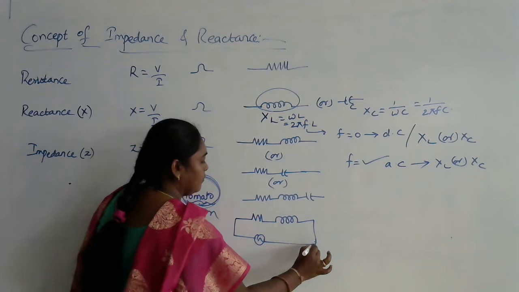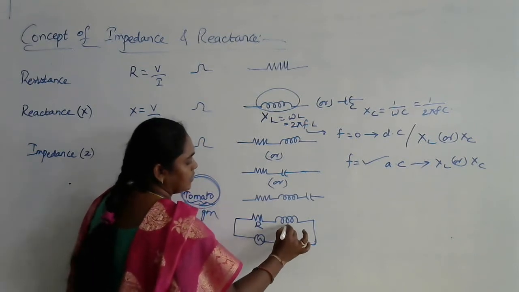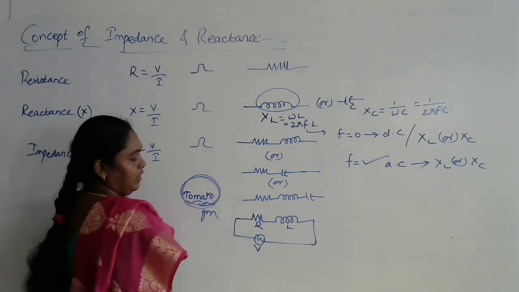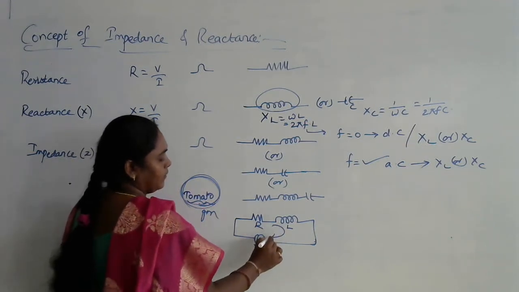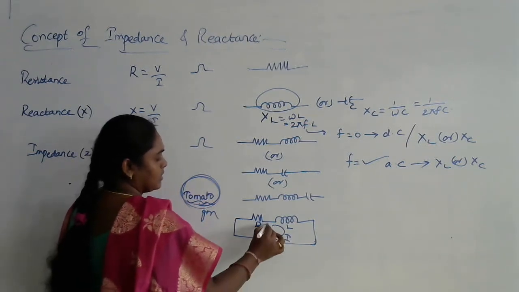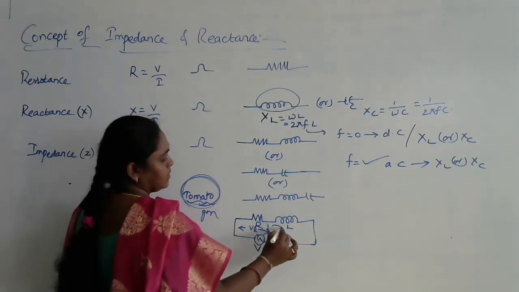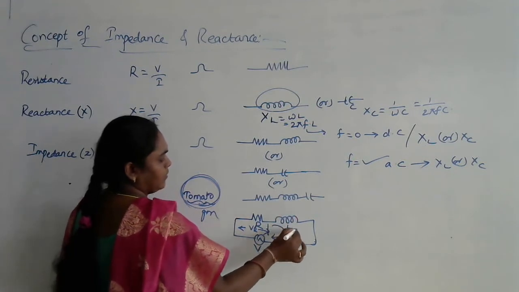In the case of an impedance, take the example of a resistor followed by an inductor. Here this is VR and this is an inductance L. If I apply a voltage source of V, the current flowing in this circuit is I. There is some voltage drop across this resistance, which is VR, and there is some voltage drop across the inductor, which stores the energy.